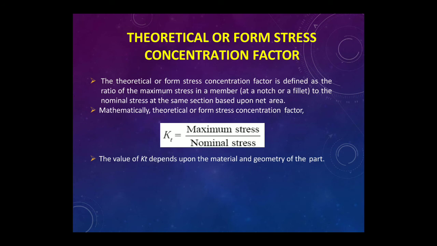This theoretical or form stress concentration factor is defined as the ratio of maximum stress in a member, at a notch or a fillet, to the nominal stress at the same section based upon net area. Mathematically, Kt is equal to maximum stress divided by nominal stress. Now, these values of Kt depend upon the material and geometry of the part.